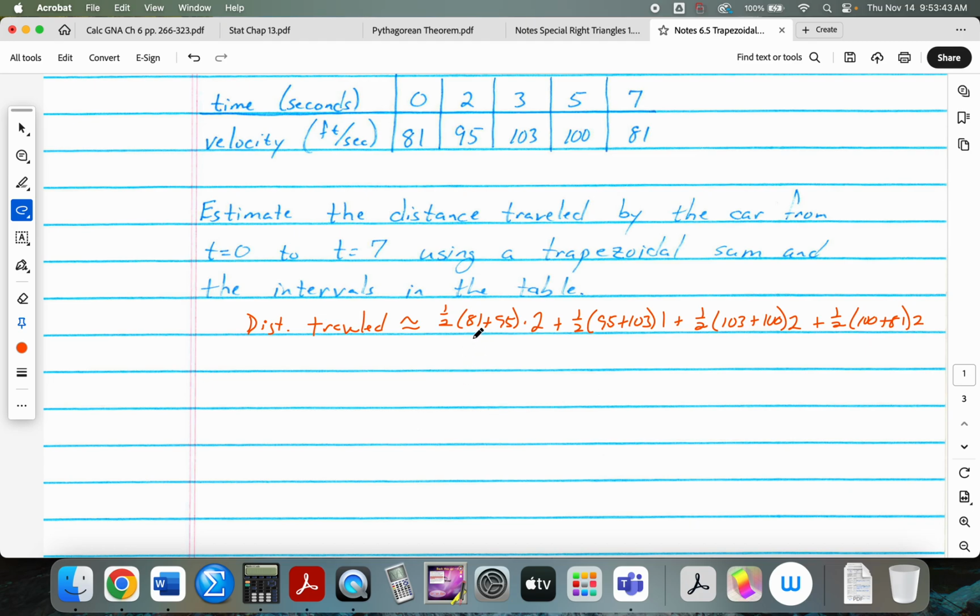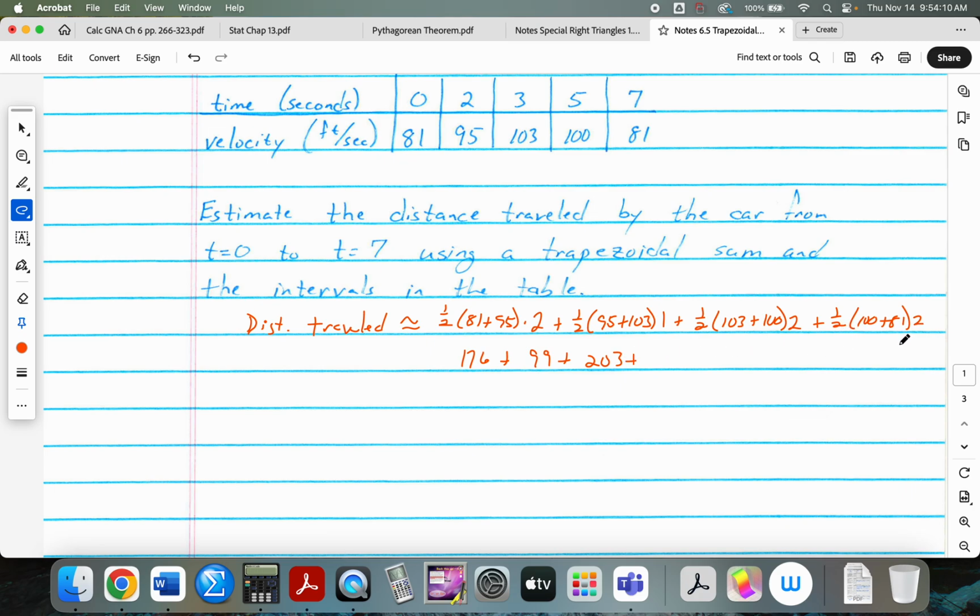So here, let's see, the 2.5 will cancel, and that's 176 plus, here they don't cancel, which is unfortunate. I need to take half of 198, which is 99. Plus, here the 2 and the 1/2 cancel, and I have 203.